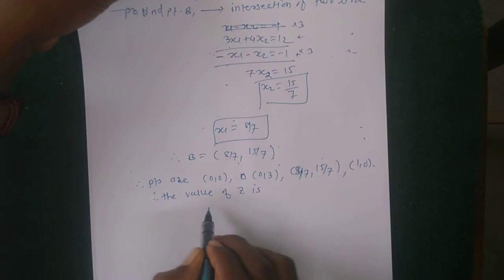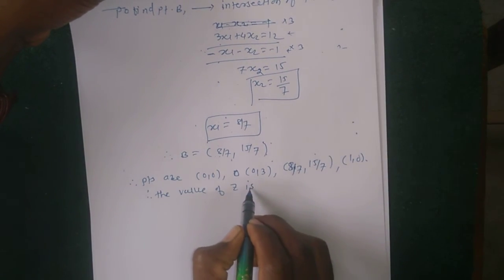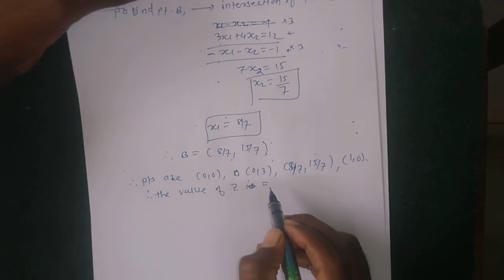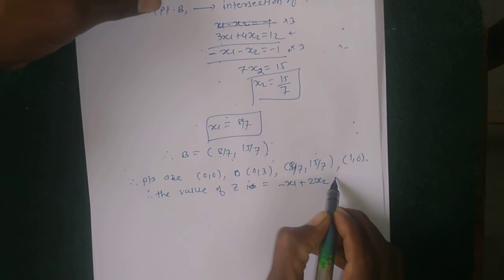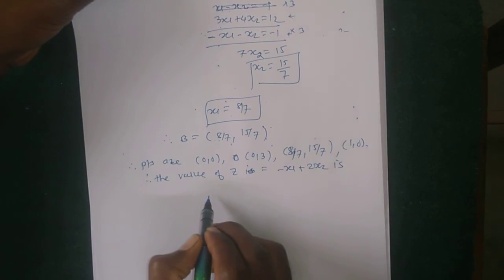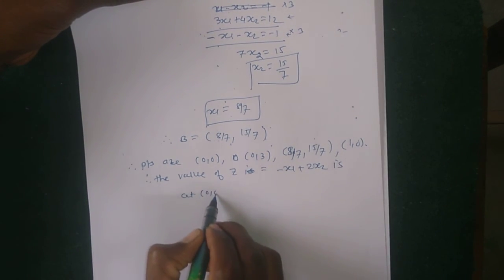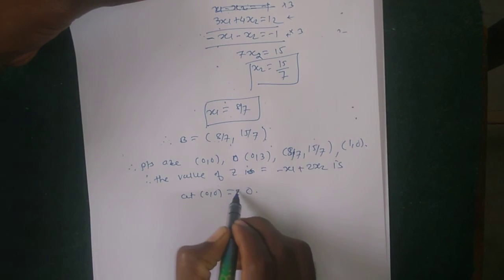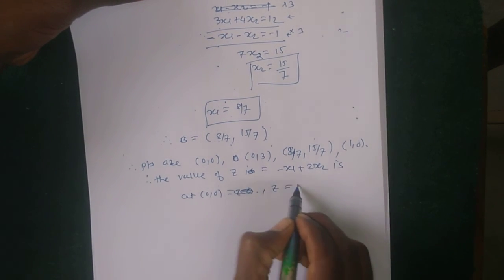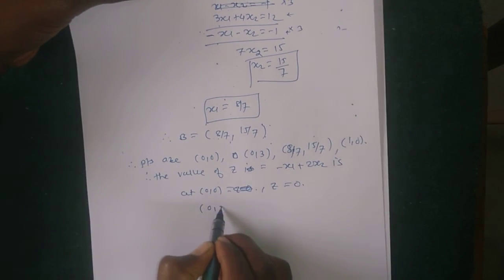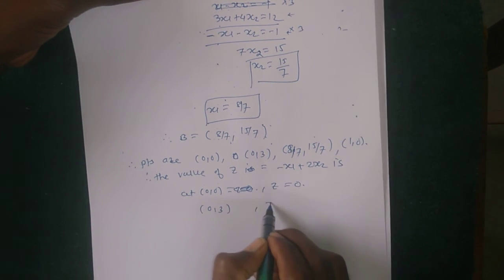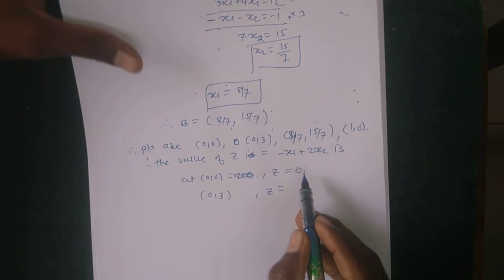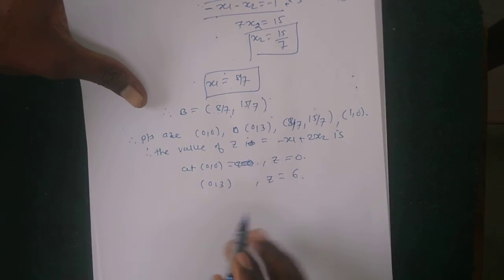Now the value of Z, maximum Z is minus x1 plus 2x2. At 0 0, the value of Z is 0. At 0 3, the value of Z is 6.